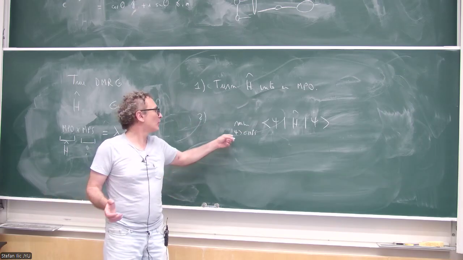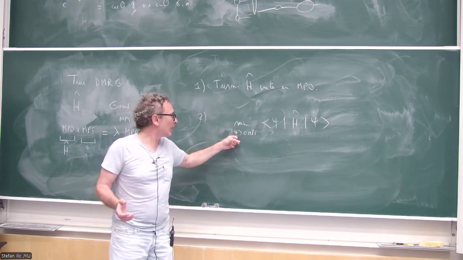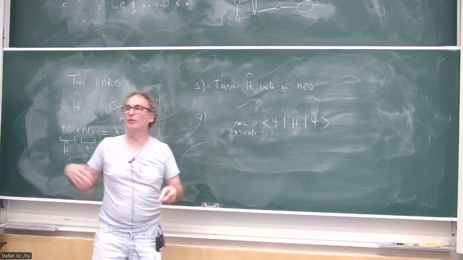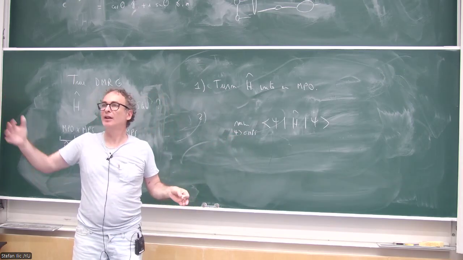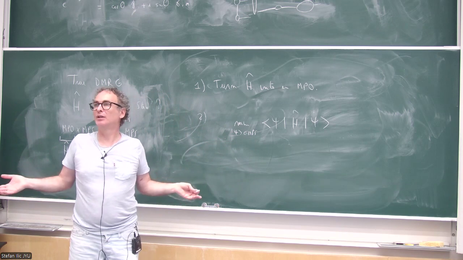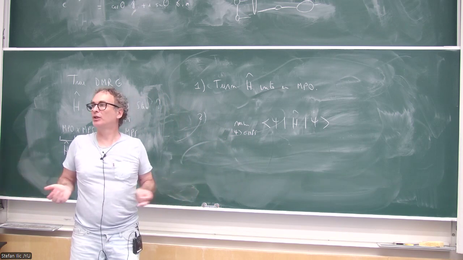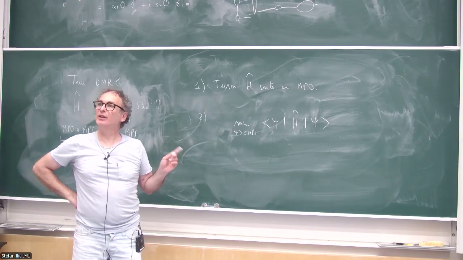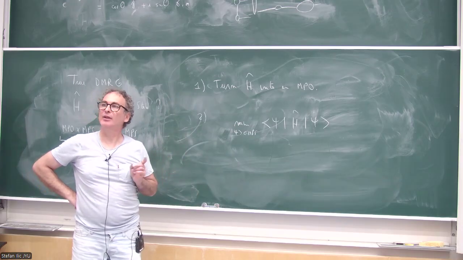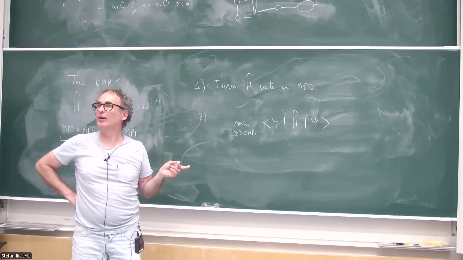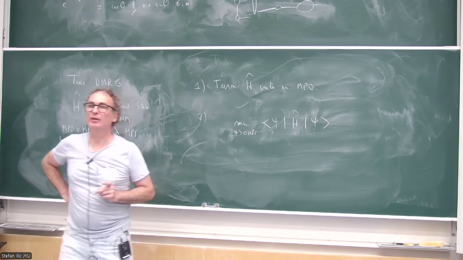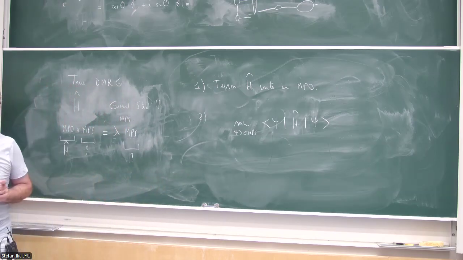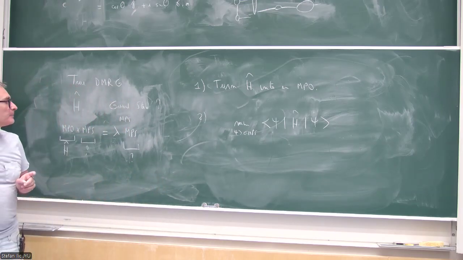If you minimize over all psi that are an MPS of rank up to this, then it's a variational approach. It's as good as your bond dimension. The good thing is that even if you didn't find the actual ground state, you have an upper bound for the ground state energy. Because it's variational, you are at least an upper bound.